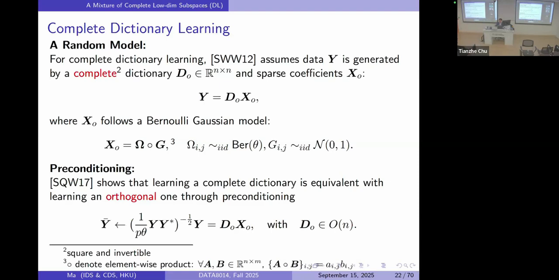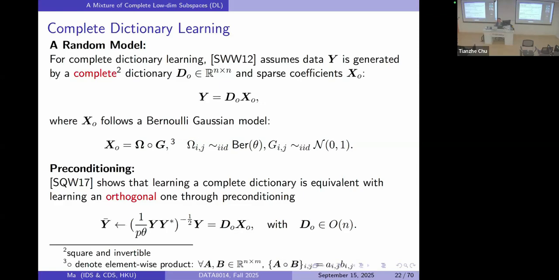So we pretend we don't know D. We only have Y, with many columns. And we assume Y is generated by some dictionary, a square matrix, with a superposition of its columns. Each column of X is very sparse, with only very few non-zero entries. So each column of Y is generated by using the corresponding column of X to select a few columns of D and take their linear combination. Okay, it's a very simple generation model.